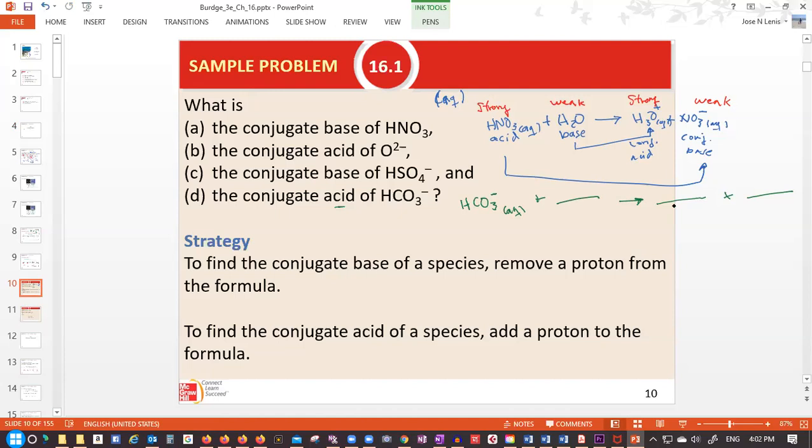Same thing here, you write the conjugates. We know here we're going to have a conjugate acid, and here we're going to have the conjugate base.